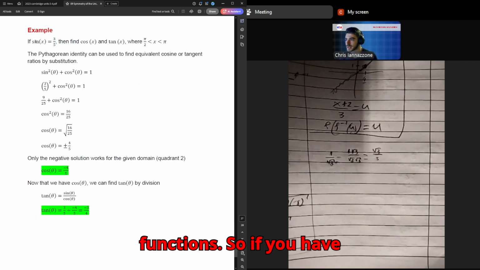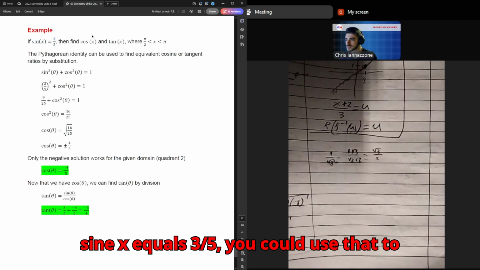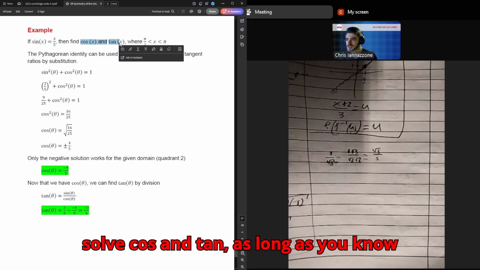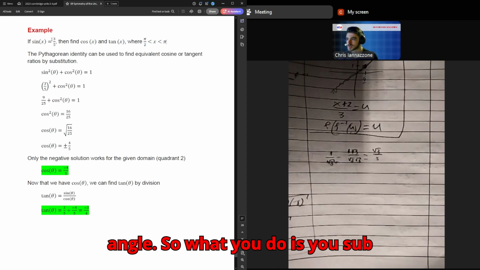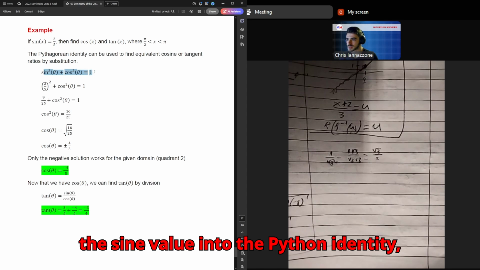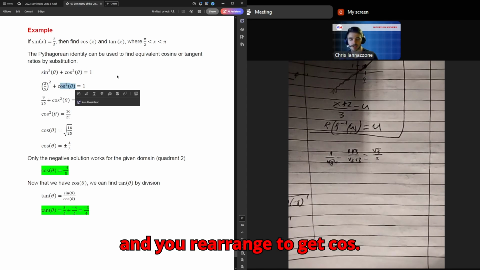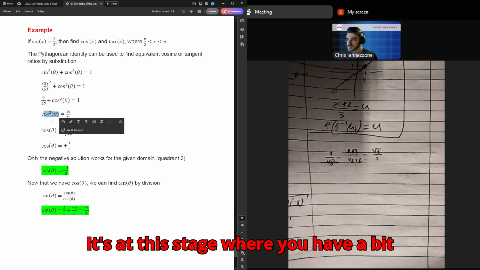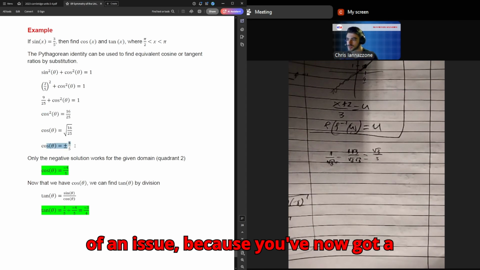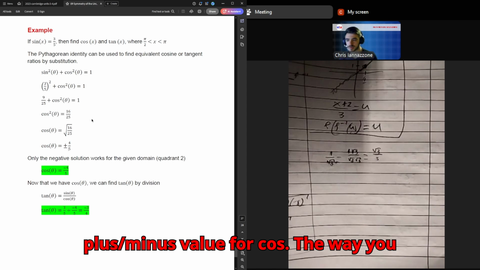So if you have sine x equals 3/5, you could use that to solve cos and tan, as long as you know the domain that x could possibly be, your angle. So what you do is you sub the sine value into the Pythag identity, and you rearrange to get cos. It's at this stage where you have a bit of an issue, because you've now got a plus minus value for cos.